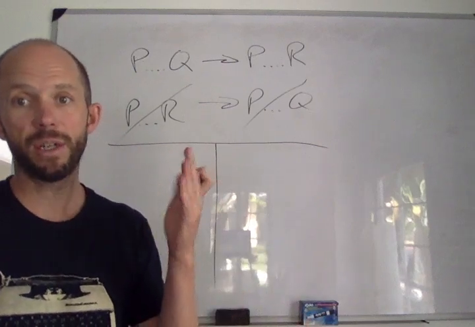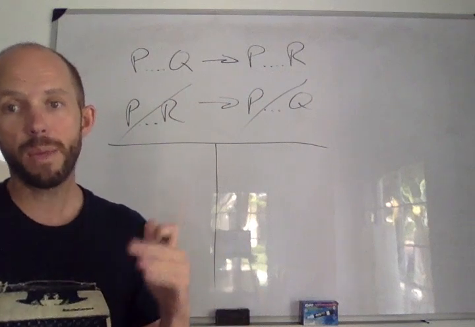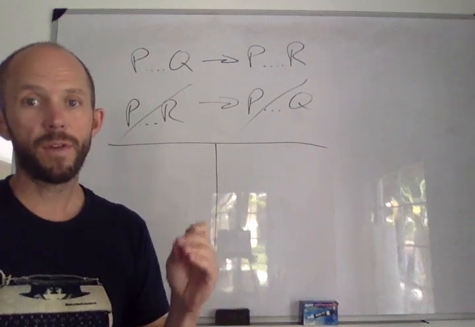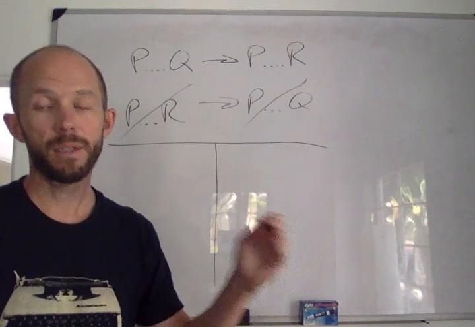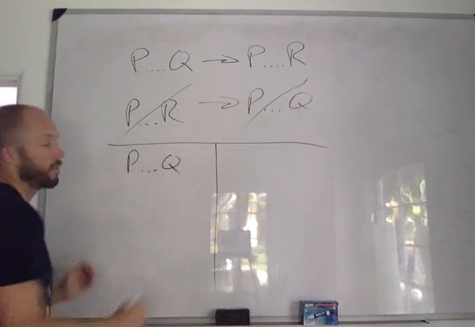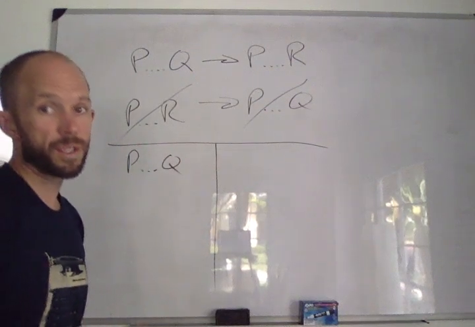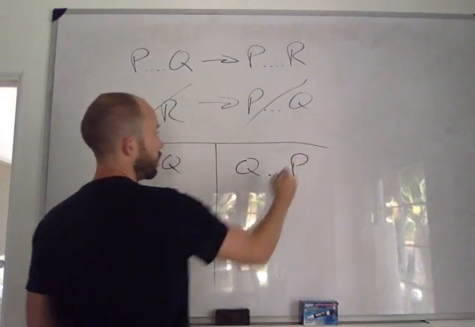So the sufficient condition on this rule is P before Q. So what if I make a world where P before Q, and then what if I make a world where Q before P? Okay, so that's a world where the sufficient condition is true, P before Q, and a world where the sufficient condition is false, which would just be Q before P.